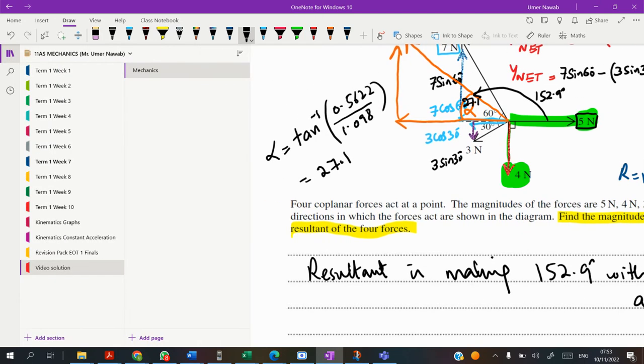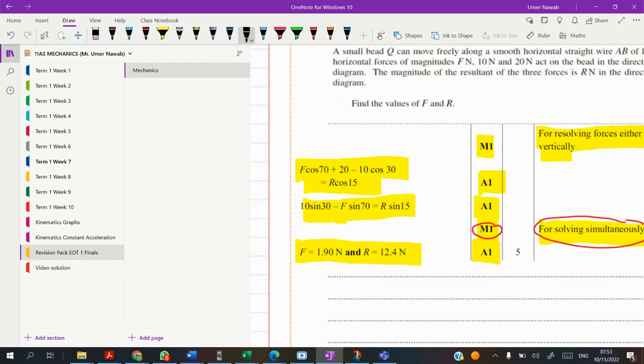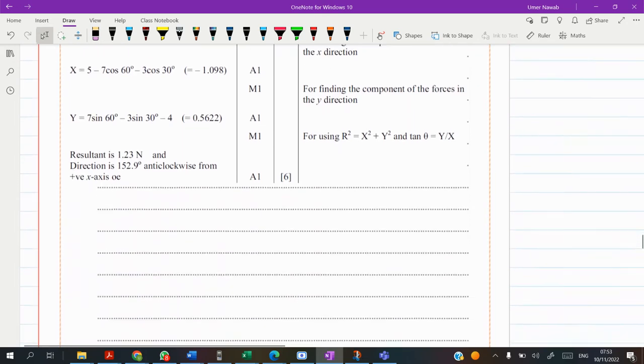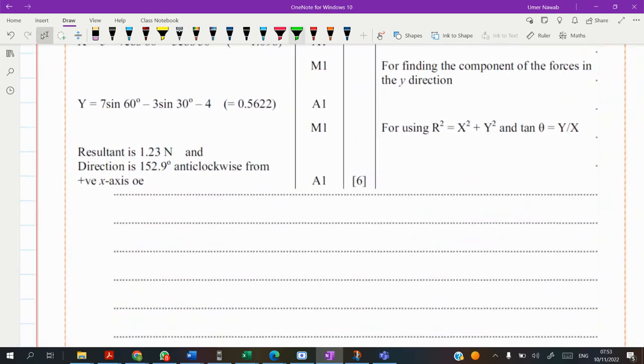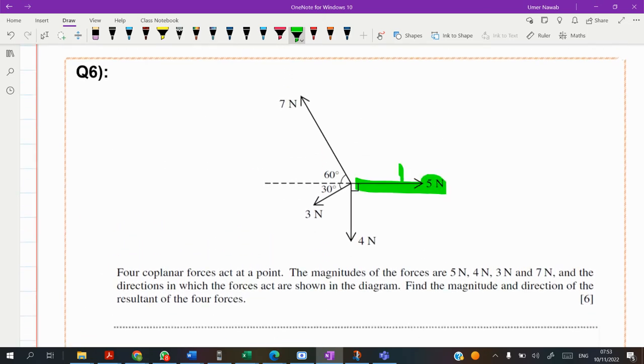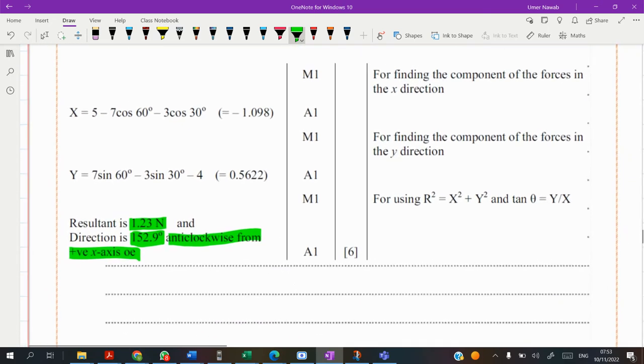Let us verify our answers from the marking scheme. Guys, did we get the same answer? 1.23 and 152.9 anti-clockwise from the positive x-axis. This is up to you. You can mention 5 Newton force or the positive x-axis. Examiner will give you the marks for that.